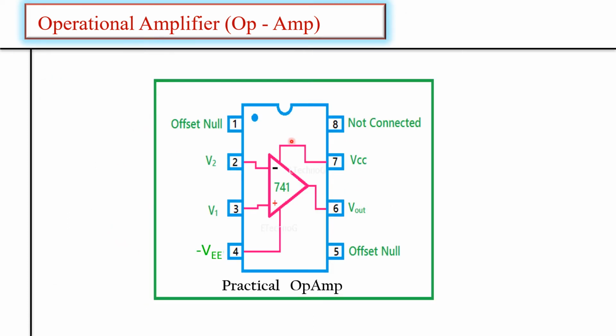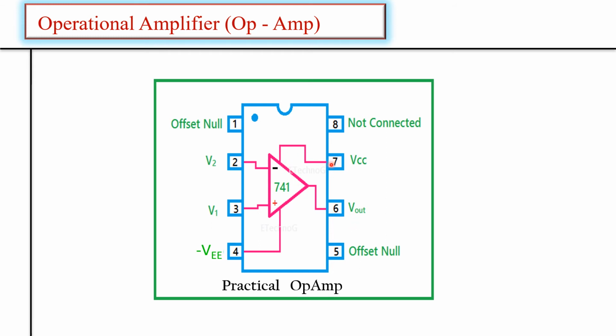Here the symbol of the op-amp is drawn inside the pin diagram. Sometimes, students, the pin diagram is asked for 1.5 marks. They ask you to draw the pin diagram, so you should draw the proper pin diagram and label it properly. So here 741. Pin number 6, the op-amp output, is connected to pin number 6.